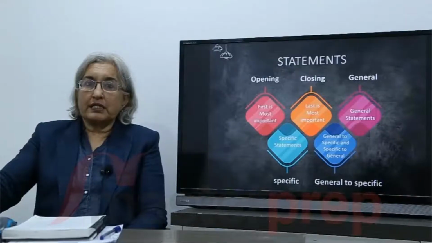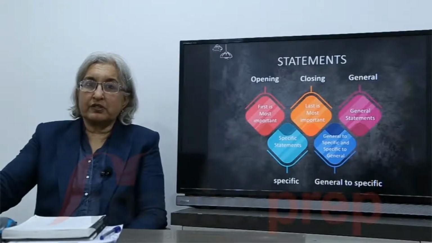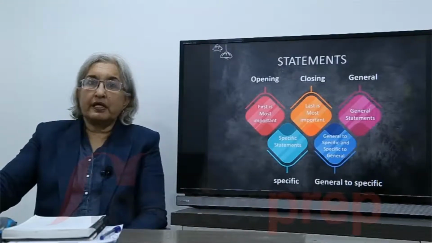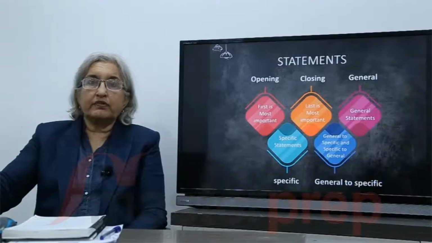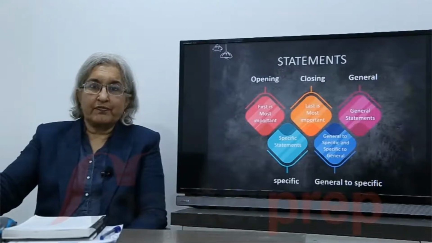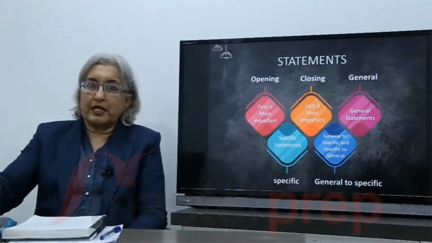We also must understand the general statements and the specific statements. In a general statement, you make a general observation which you support by writing a specific statement. For example, in a general statement like education is the cornerstone of the development of a society, we have a general statement.